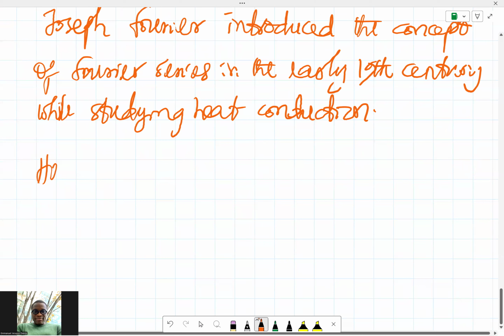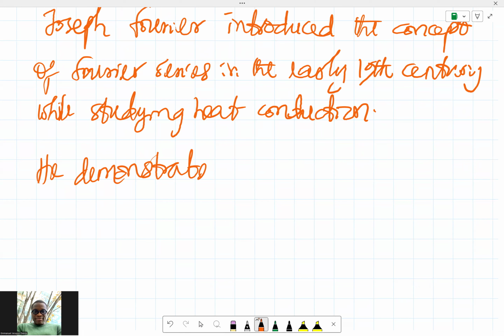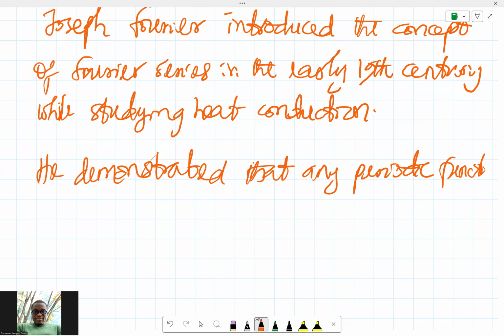So he demonstrated that any periodic function, because we've seen that periodic functions are functions that come back to the same value after a given period T, even with discontinuities, could be represented as an infinite sum of sines and cosines.